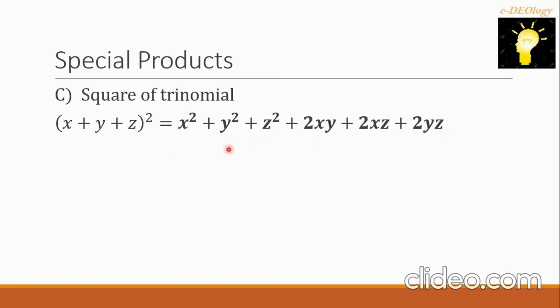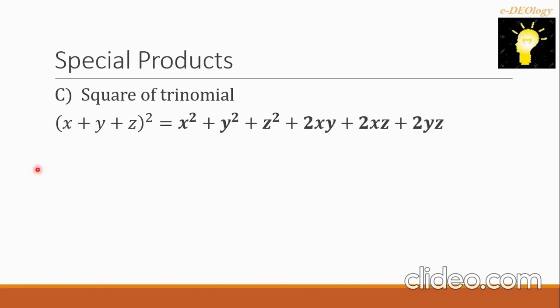So let us examine the first 3 terms. These 3 terms are actually the square of each of the terms of the trinomial. So you see, the x is squared here, the y is squared here, and the z is squared here. For these last 3 terms, the pattern is we're going to multiply 2 terms at a time and then multiply by 2.